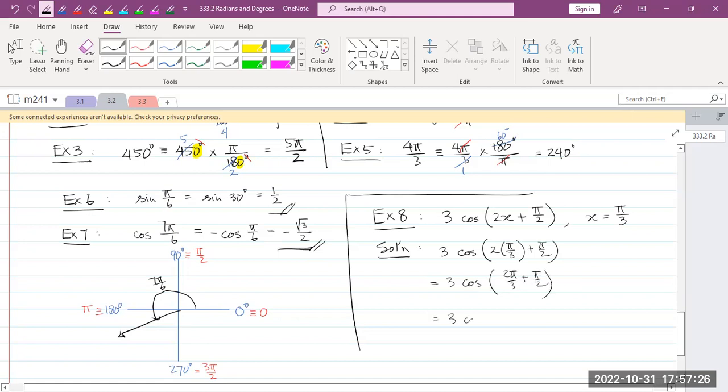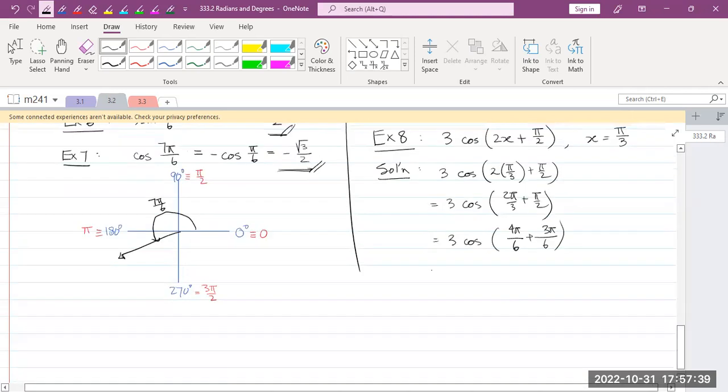LCD is 6. This is 4 pi plus 3 pi. That's 3 cosine 7 pi over 6. Oh, we did that earlier. Oh yeah, that's example 7.